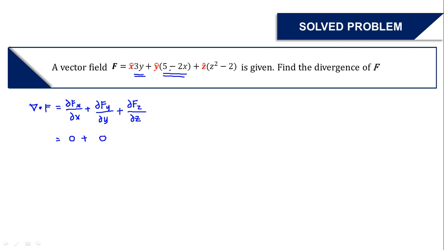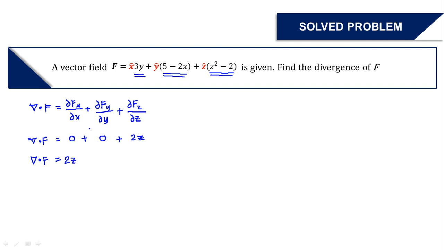Kasi wala tayong nakikitang y dito. Plus the partial derivative of f sub z with respect to z. May nakita tayong z dito, kaya gagamitan natin yan ng derivatives. Ang result natin is 2z. Therefore, yung ating del dot f or yung ating divergence is equal to 2z.